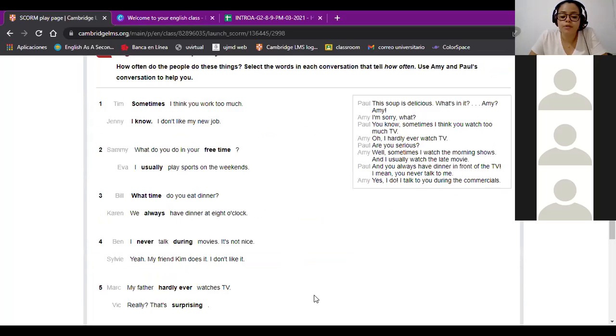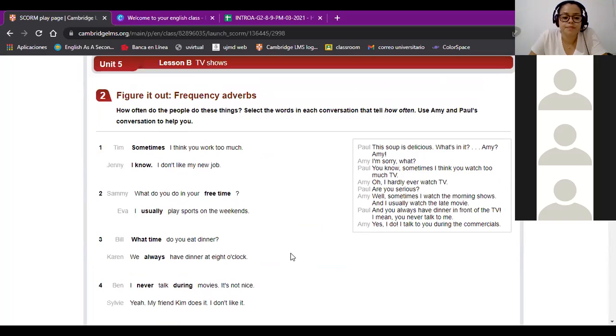Let's go and move to page 2. Page 2, everybody. Okay. How often do the people do these things? Select the words in each conversation that tell you how often. Use Amy and Paul's conversation to help you.